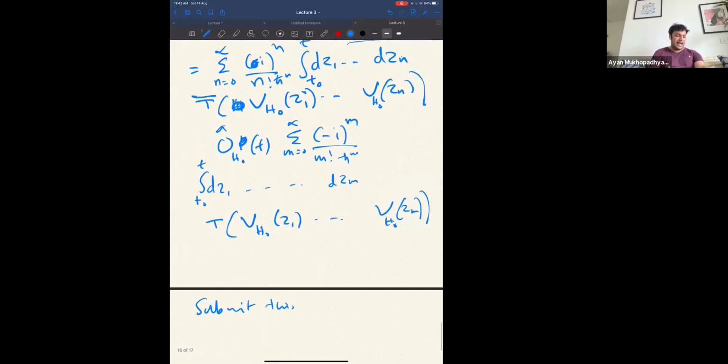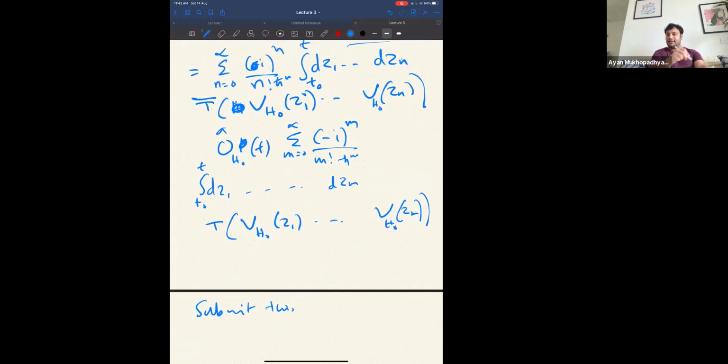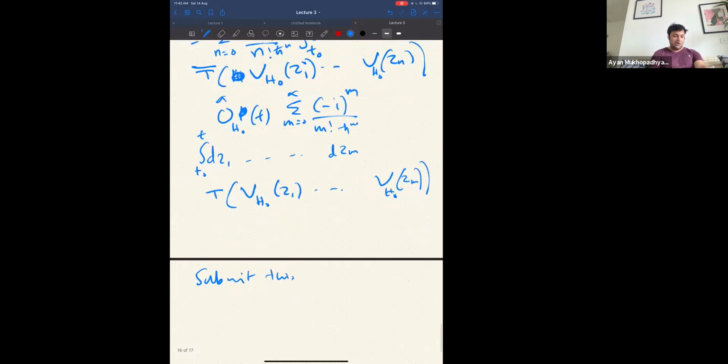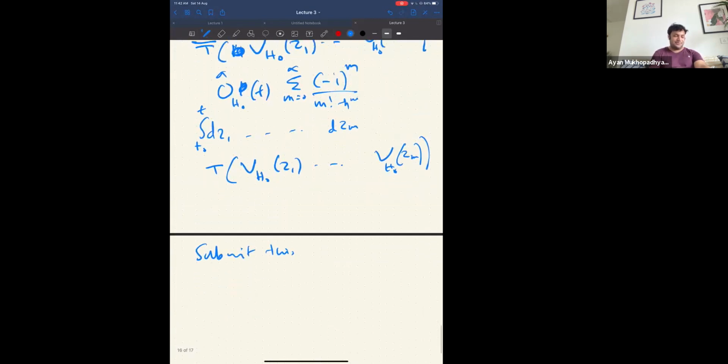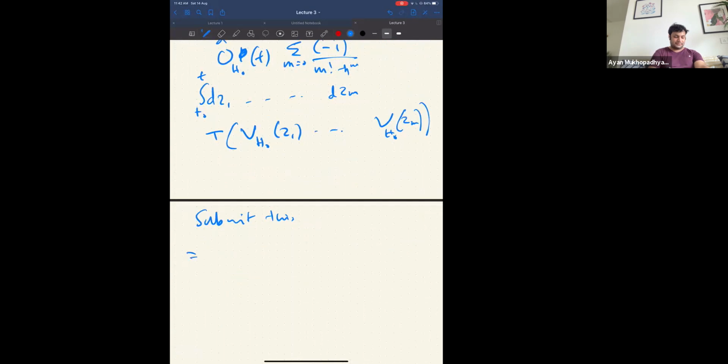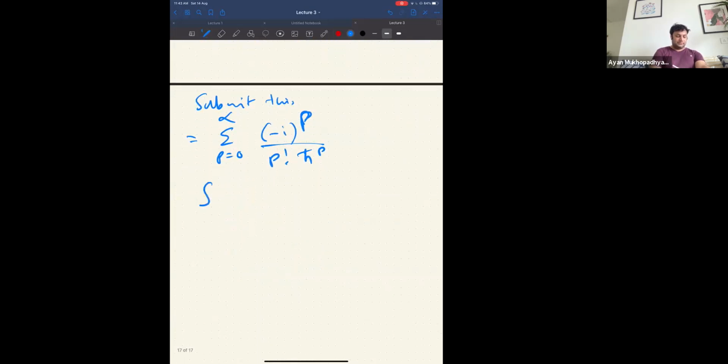So rehashing everything, you could again do the same kind of combinatorial tricks and now put all of this in a very nice and simple way. Okay, I will explain this notation.